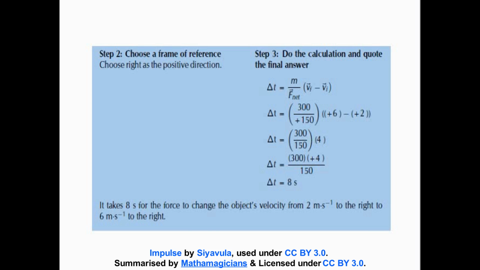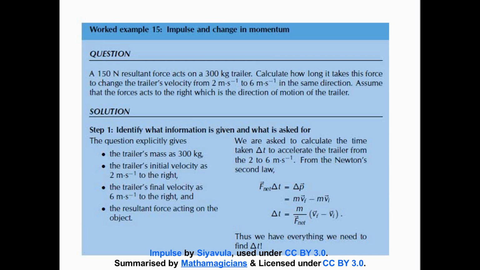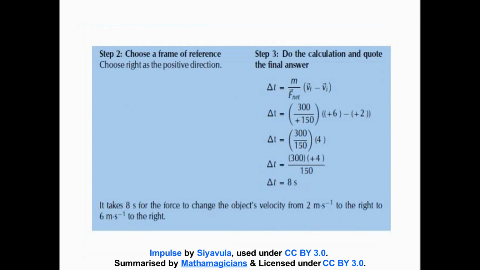Remember, the object's velocity in the question went from 2 meters per second to 6 meters per second in the same direction. We can say in the same direction, or state it as the question has, to the right. We can specify the direction if we so choose.